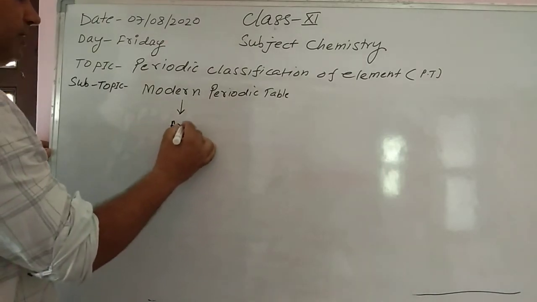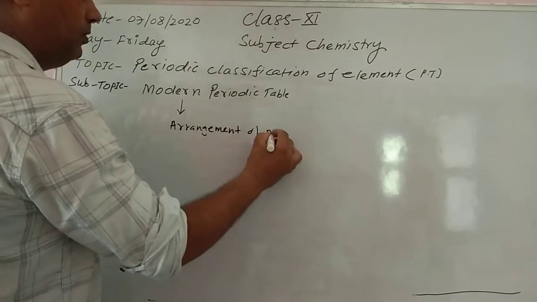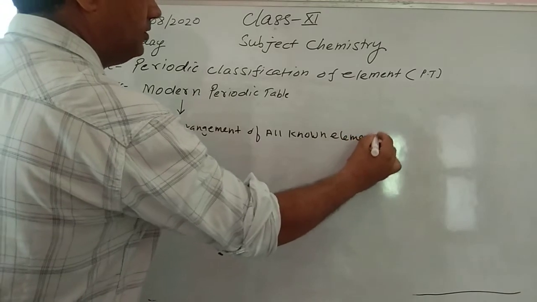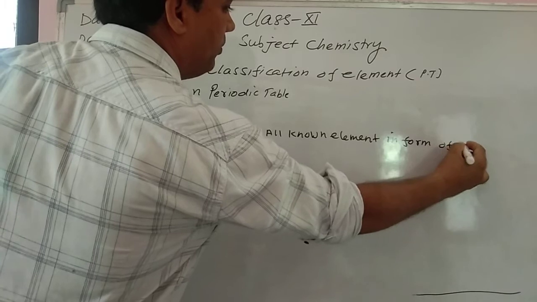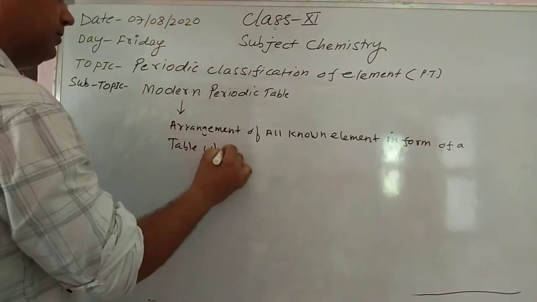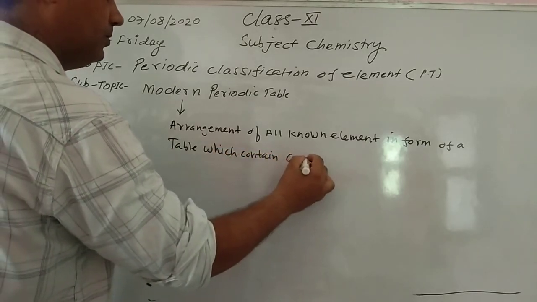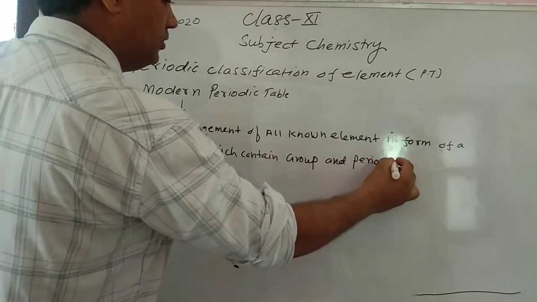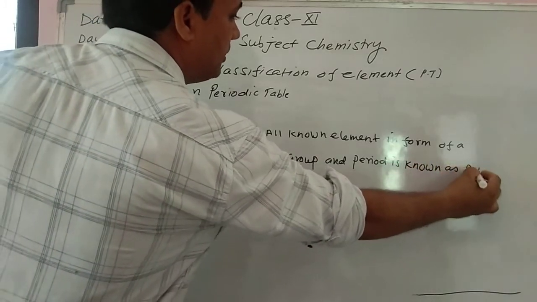Arrangement of all known elements in the form of a table which contains groups and periods is known as the periodic table.